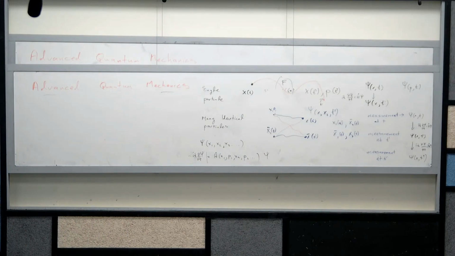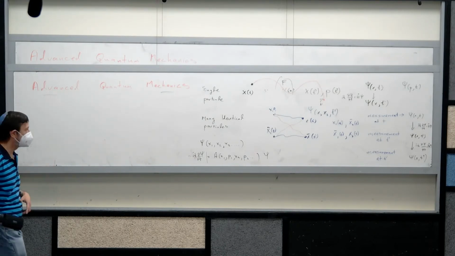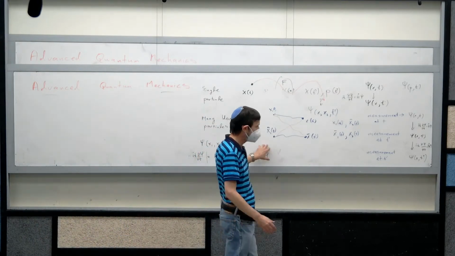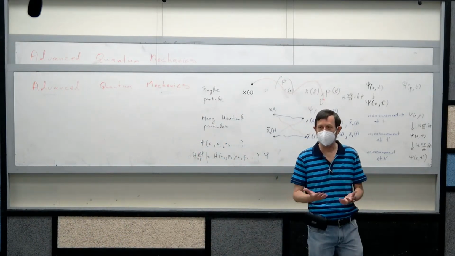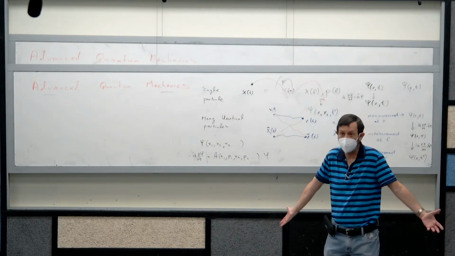So there must be a way, if I'm starting with a wave function of the photons, to describe that at time t I have n photons, at time t I have n minus 1 photons. At the moment, you don't have any way to describe it.